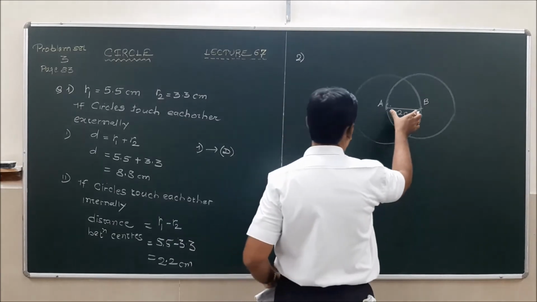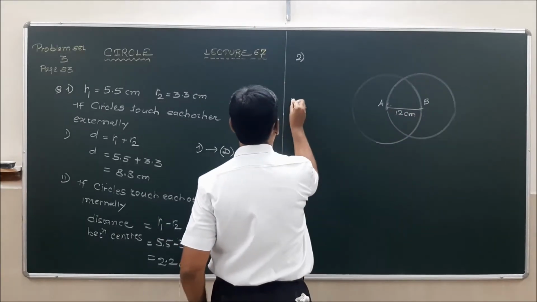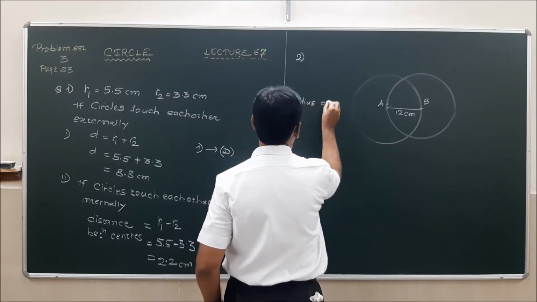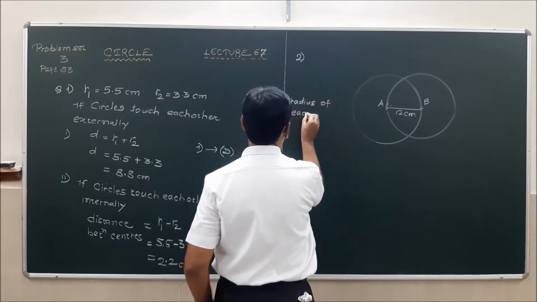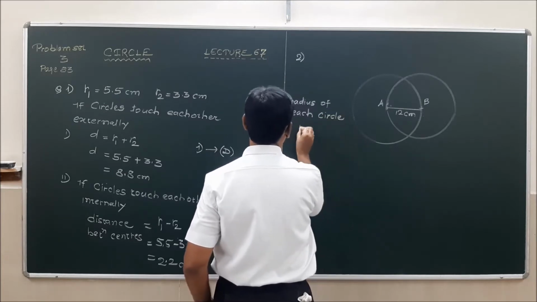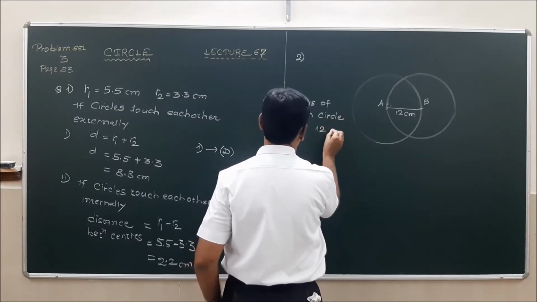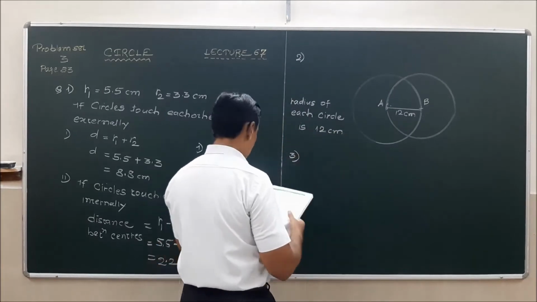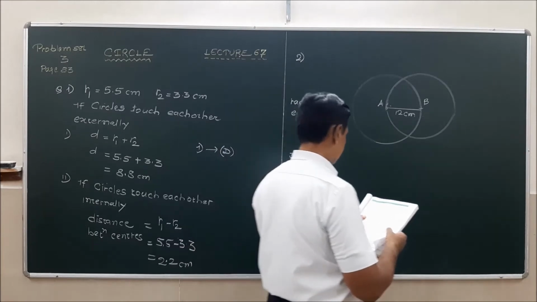So the radius of each circle is 12 centimeters. The third one is right, so 12 is option B.